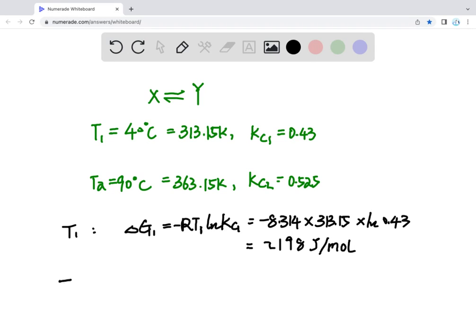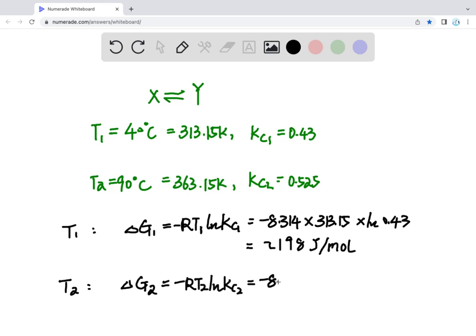And at T2, we know the delta G2. So in this case, the delta G2 is minus RT2 ln Kc2.